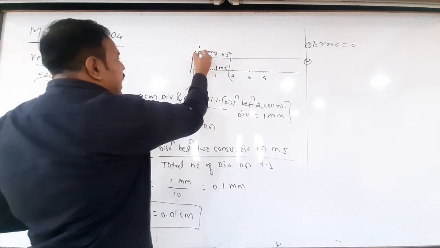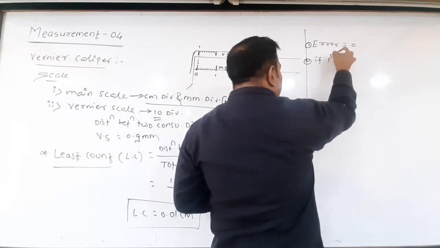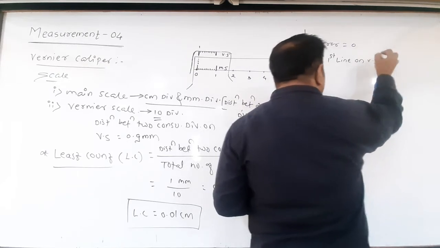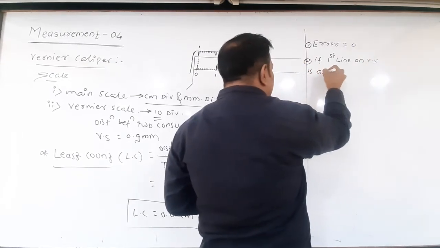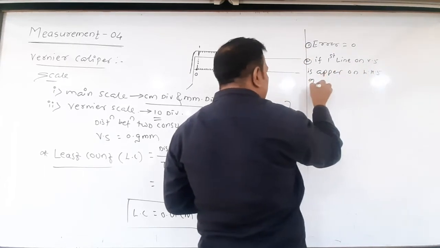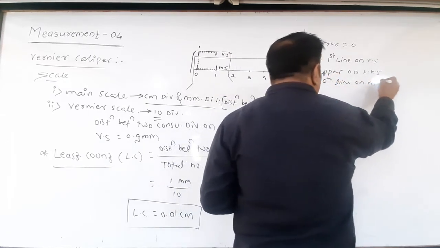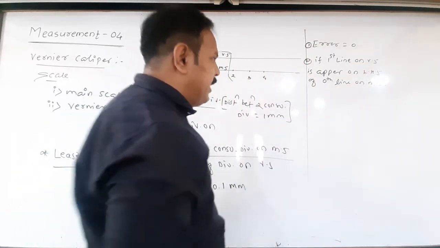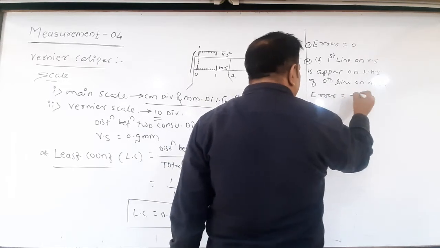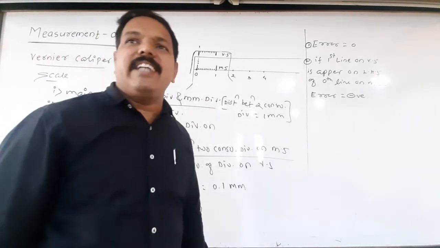But if the first line on the vernier scale appears on the left hand side of the 0th line on the main scale, then in this case the error is considered as negative.